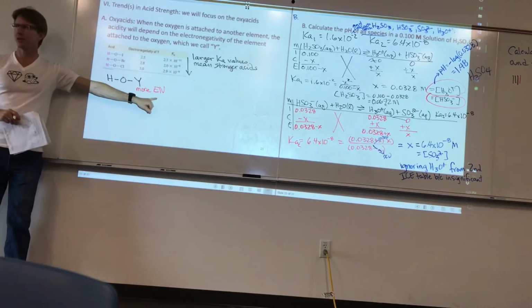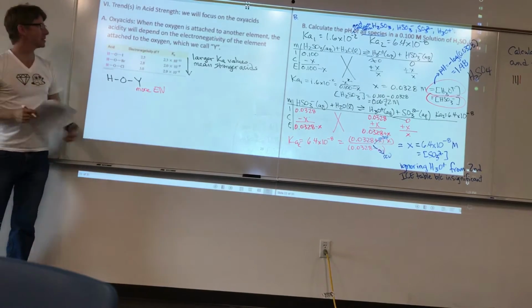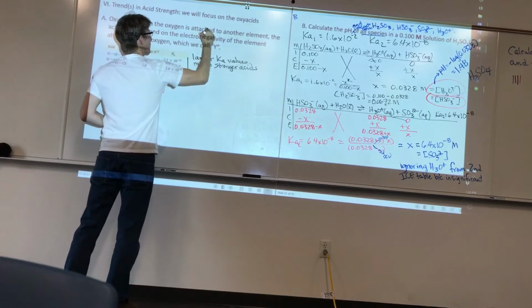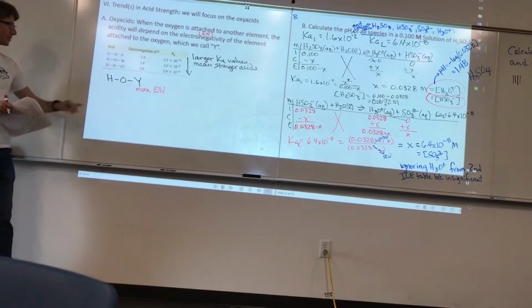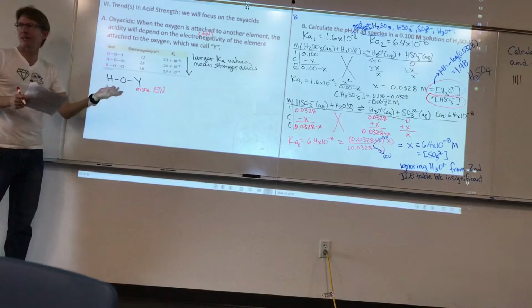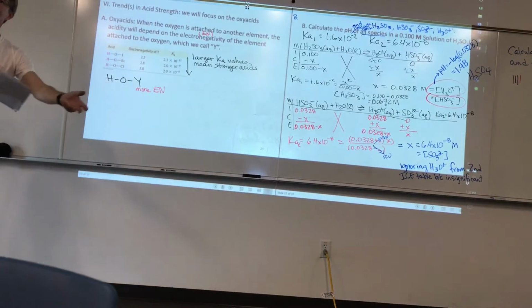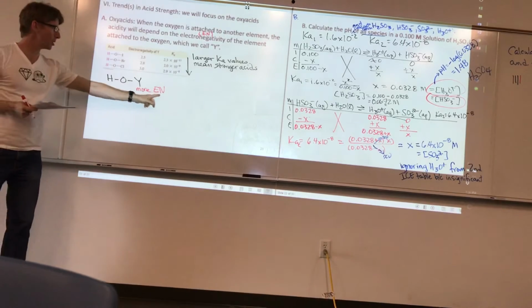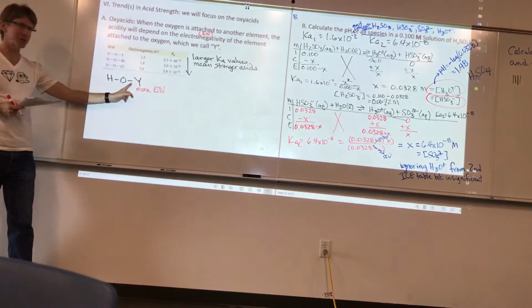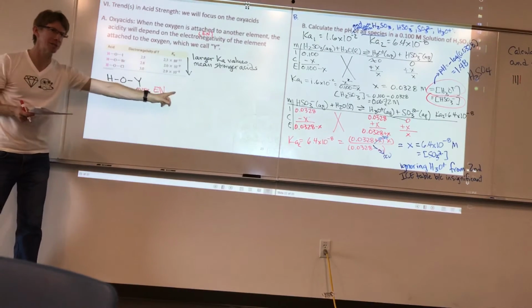My abbreviation for electronegative is capital E, capital N. The definition of electronegativity is the ability to pull bonding electrons towards itself. More electronegative pulls the bonding electrons towards itself.